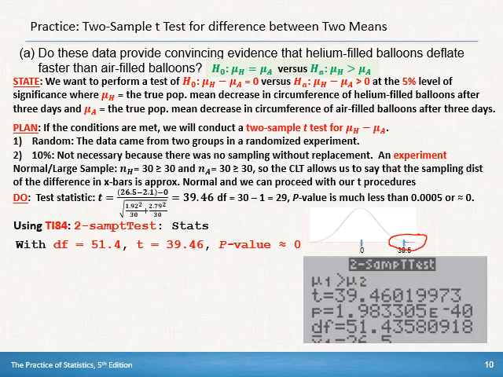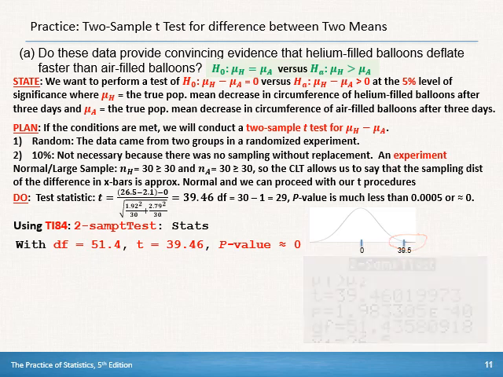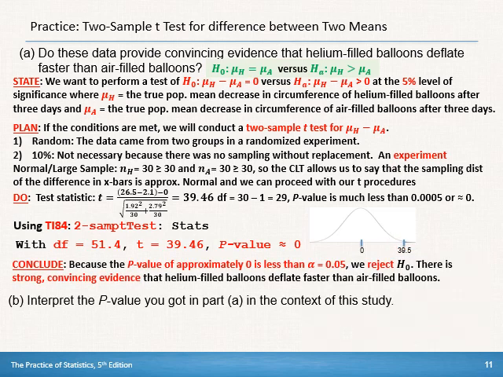All right, and so now let's think about the conclusion, the last part that we want to write. We want to compare our p-value to our alpha. We want to reject or fail to reject, and then talk about the evidence for HA. All right, so our p-value of approximately 0 is less than our alpha of 0.05. So we're going to reject the null hypothesis.